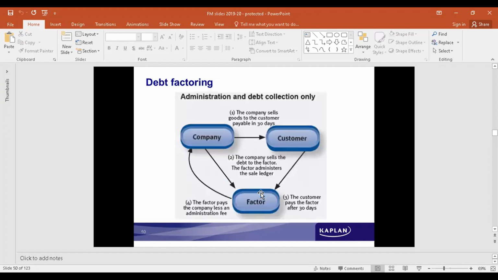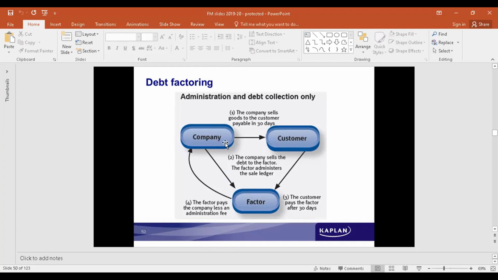Another theoretical aspect is a financial service similar to this one, but on the day when the payment becomes due, it is the factor. In this case, it's not the bank or the financial institution, but the factor who gives the amount to the company against invoices. The factor presents this invoice to the customer to collect the amount directly from the customer. When the factor collects the amount, he would collect 100%.